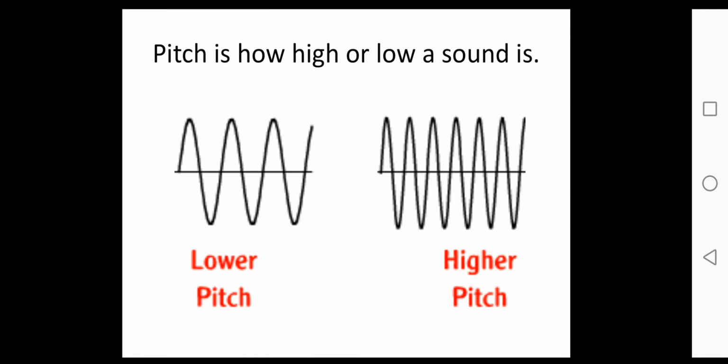Now, if you look here at the sound waves, the first one, we have a sound wave, and we have a space between these waves. Can you see the space? The space between these waves is obvious.